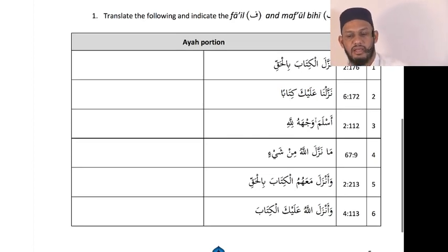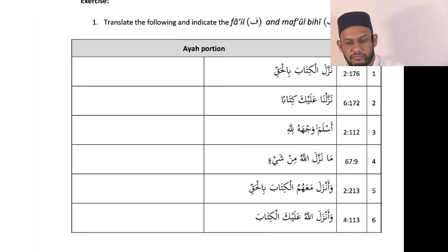Number 3. Aslama wajhahu lillah. Aslama is a fourth verb which means to submit. Sorry, I just realized now that the second years haven't done the fourth bab yet.